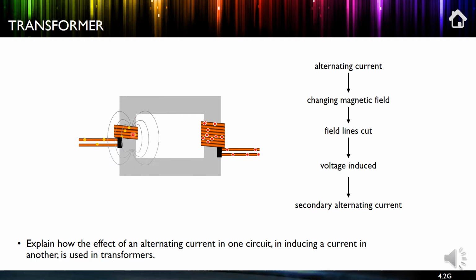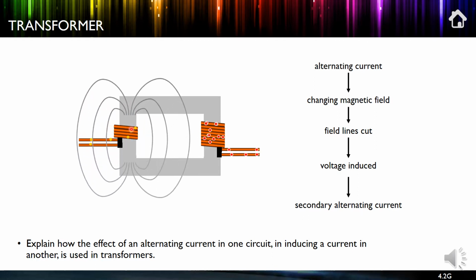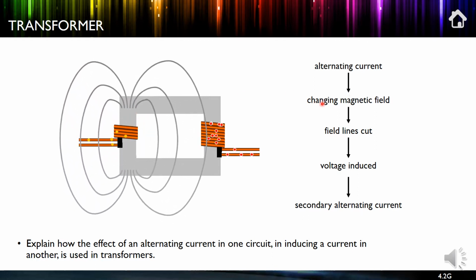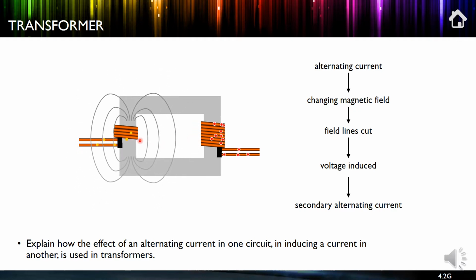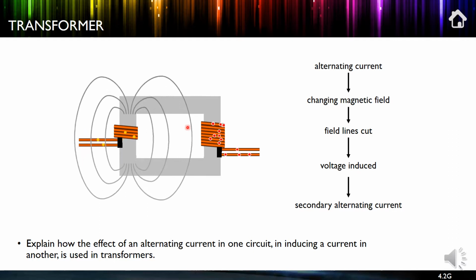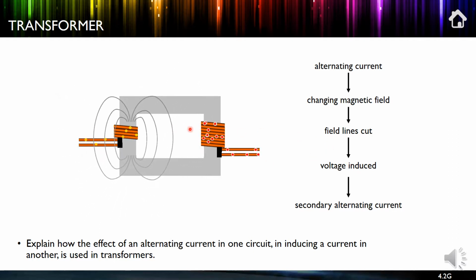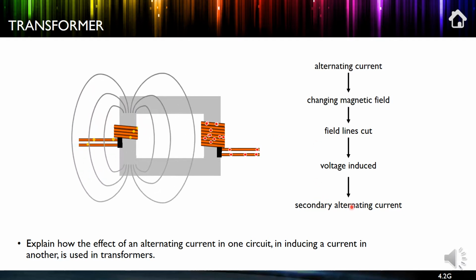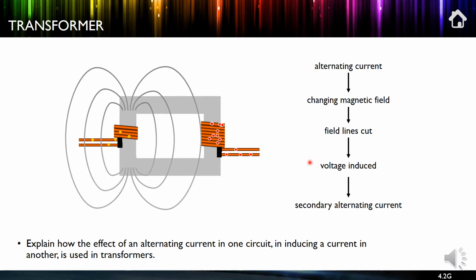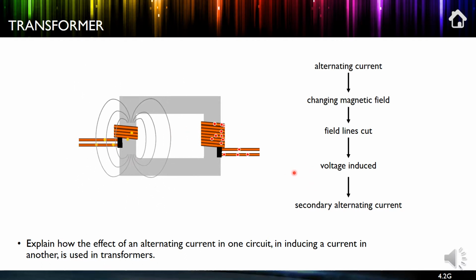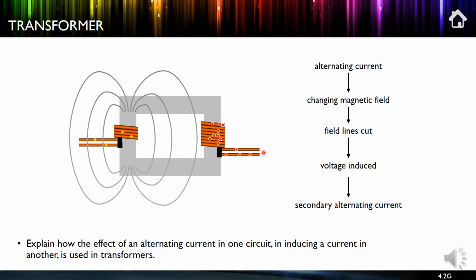So we have an alternating current going in here. It has to be alternating because it needs to be creating a changing magnetic field. DC won't do that. So we get field lines being cut, and you can see that happening now as these field lines cut this wire. A voltage is induced in the secondary coil, and we get this secondary alternating current, and it'll be of a higher voltage, which is very useful to us. We could have fewer wires, and then we'd have a step-down transformer.